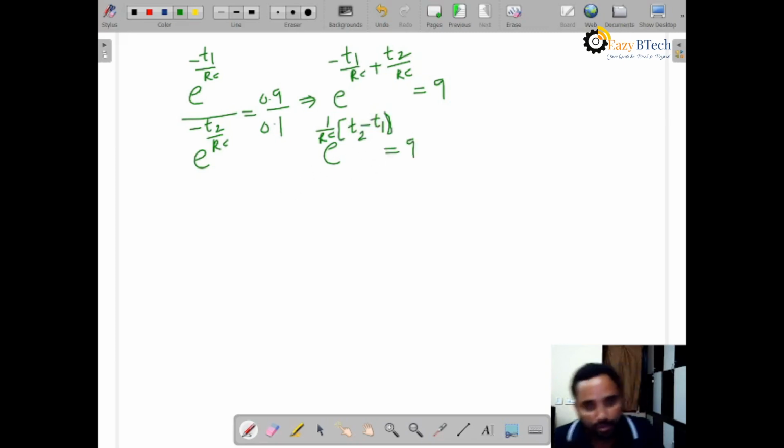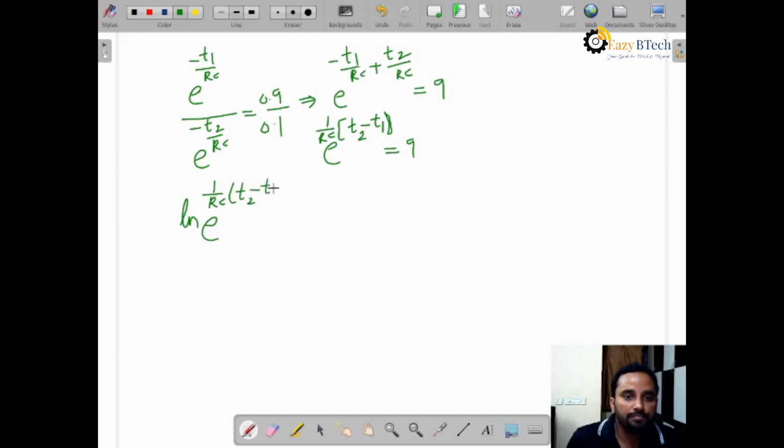Now here we are going to apply natural logarithm because we have exponential. To remove that exponential, apply natural log on both sides. So ln of e to the power 1 by RC (t2 minus t1) is equal to ln 9.